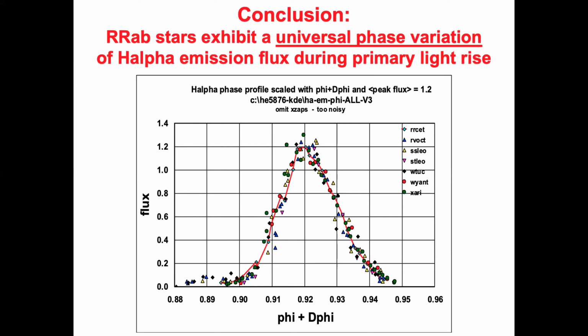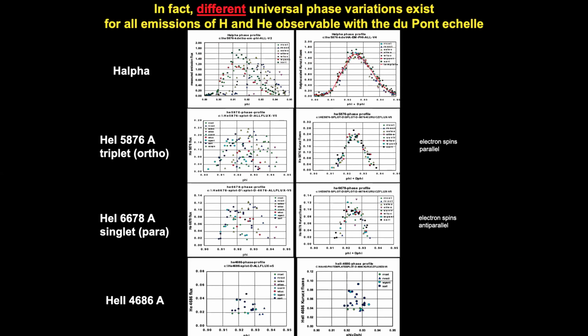Because the observed fluxes in different echelle orders depend on all kinds of stuff: the transmissions of the various optical elements in the echelle and the wavelength sensitivity of the detector and all that stuff. So in fact, there are different universal phase variations for all the emissions of hydrogen and helium.